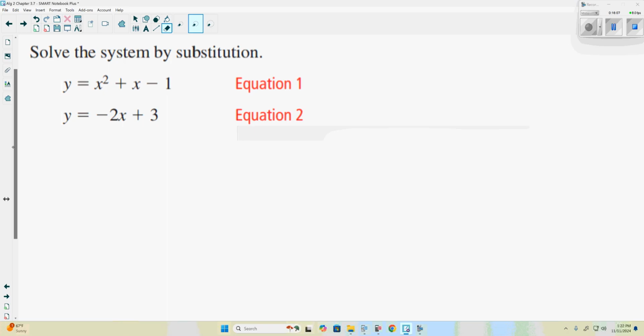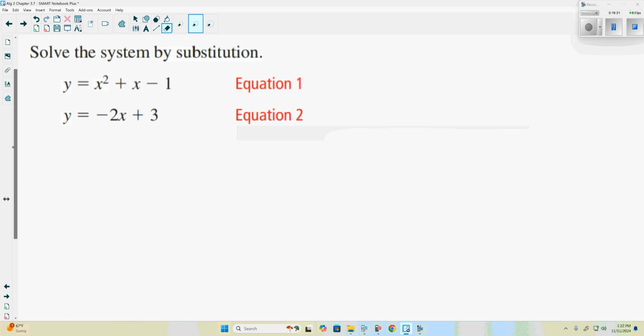Let's move on to the second way to solve systems of nonlinear equations, and that's by substitution. Now, when we solve a system by substitution, we want to get one of the two variables by themselves. Well, luckily for us, most every single one of these, and especially on the homework, will have y equals. Y will be by itself in at least one of the two equations.